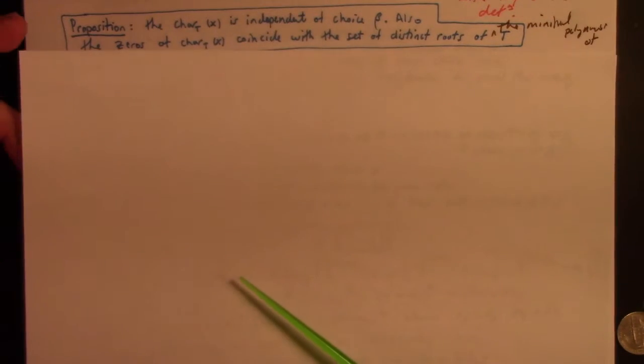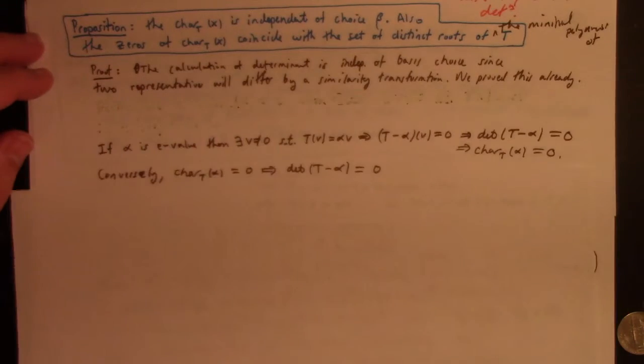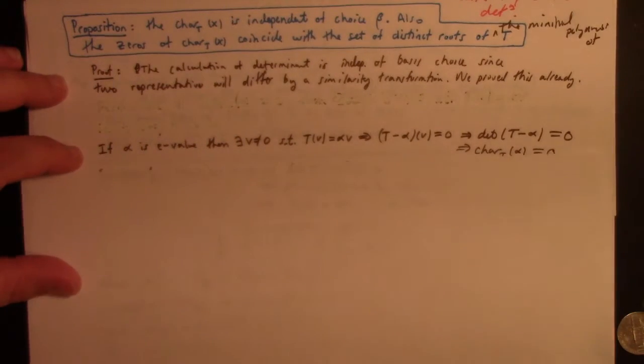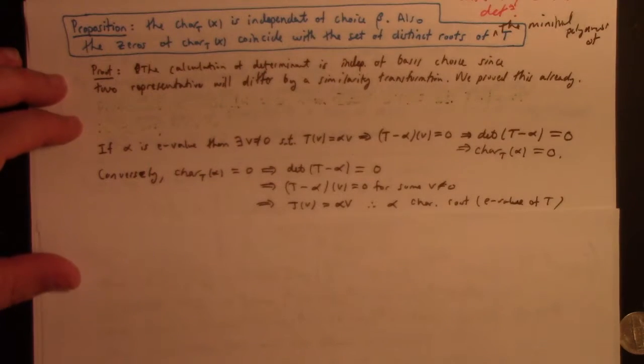We've proved that you can define the determinant of a transformation independent of the choice of basis, and that's still true for the characteristic polynomial. So I'll just focus on the other piece of the argument here.